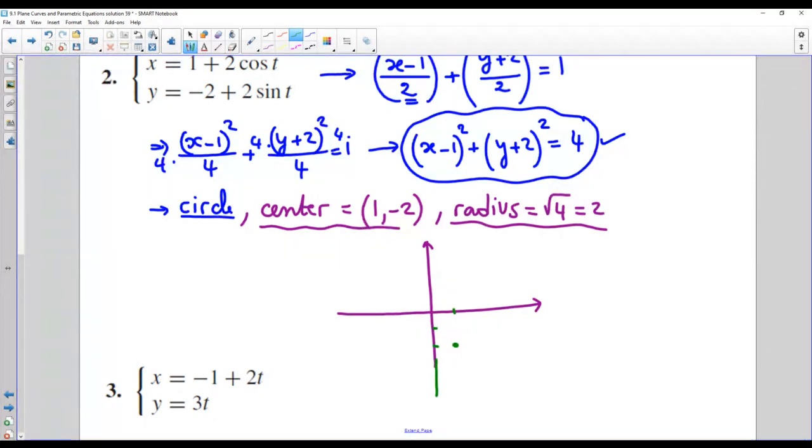And then the circle of radius 2, so it's going to be a bit like this. Centered at 1 minus 2.